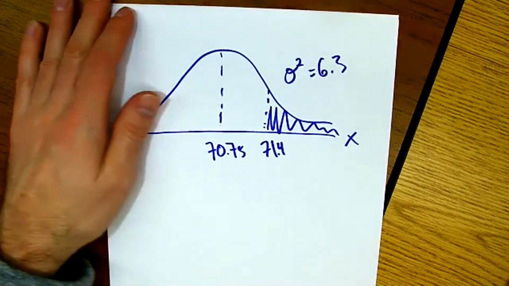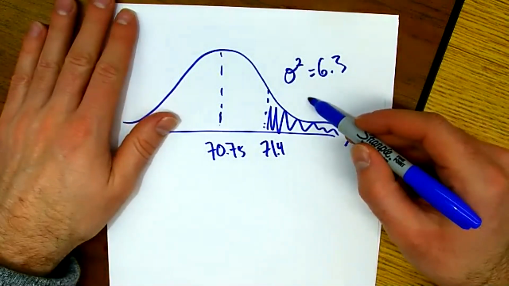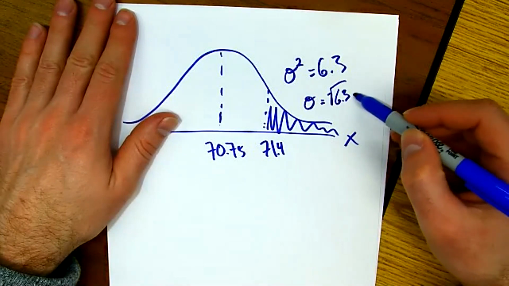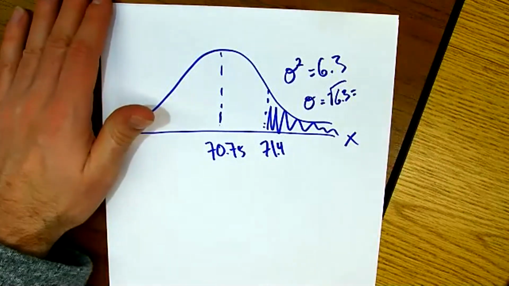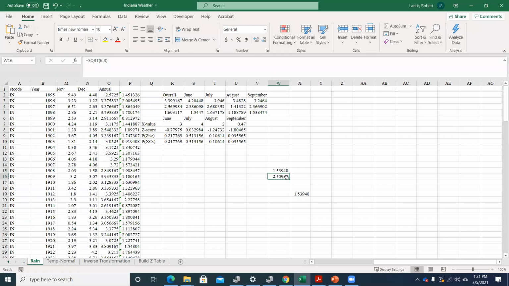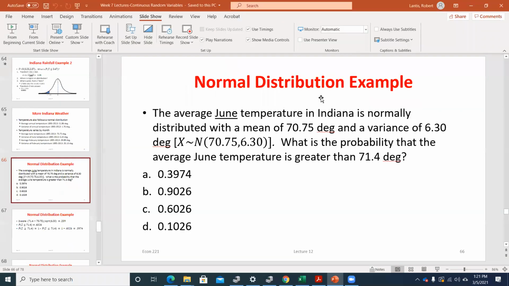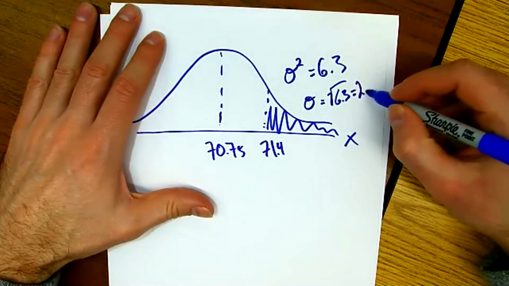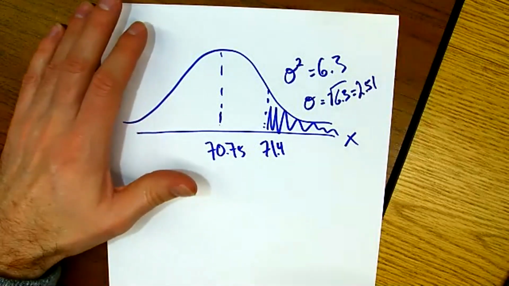So once again here, it might help to think about what my standard deviation is. So what's the square root of 6.3? I think I have this one in Excel as well. Let me double check. Yeah, 2.51. So approximately a standard deviation of 2.51.